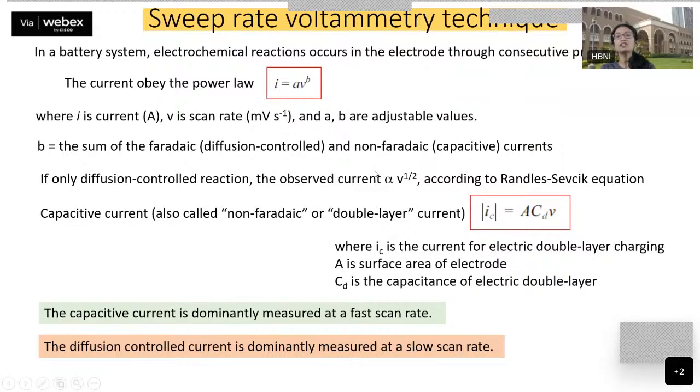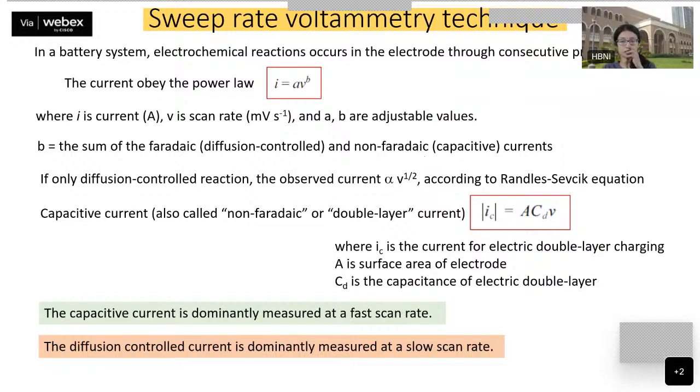Please remember, whenever there is a non-Faraday current, we need something which is not diffusion control, something which is not redox control. So B is nothing but the sum of both Faraday, that is diffusion controlled, as well as that of non-Faraday, that is capacitive currents. So if only diffusion controlled reaction, the observed current is proportional to nu to the power of half.